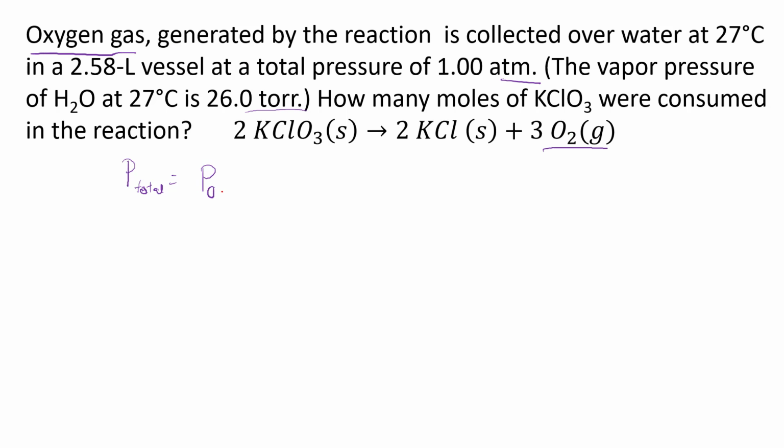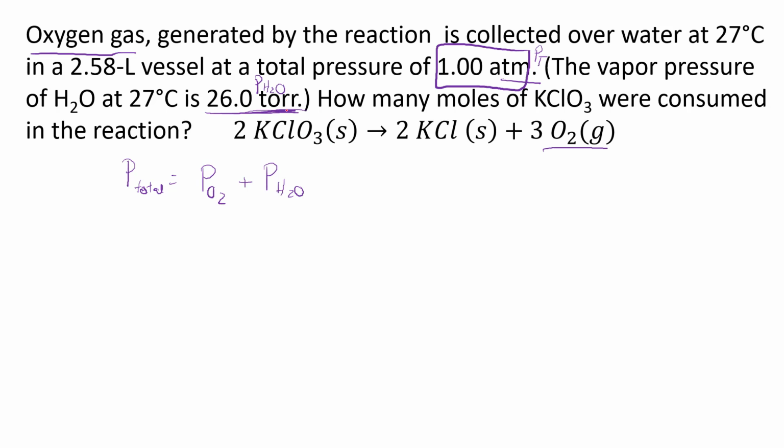So pressure of oxygen gas over water. And so that's how we're going to use this equation. So total pressure equals the pressure of oxygen plus the pressure of water. We know our total pressure, which is this, and we also know this, which is our pressure of our H2O.